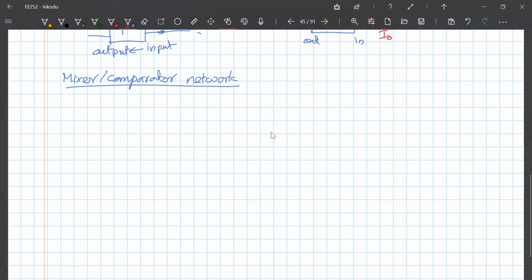Typically, this value is an attenuated version of the input to the feedback network. So V out is the input to the feedback network. Output of the feedback network is Vf. That Vf has to be attenuated by a factor of beta. So beta is less than 1. So Vf is equal to beta times V out.